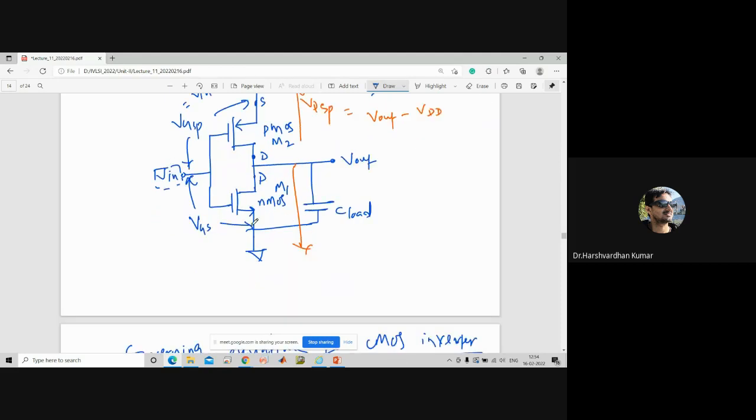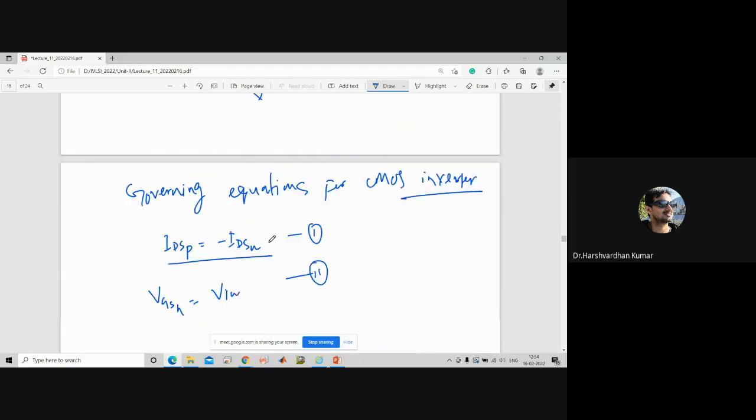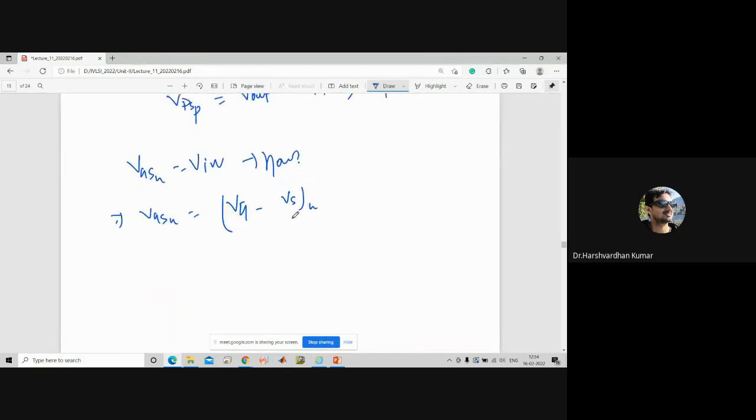The source terminal of the NMOS transistor is connected to ground. So what would be the potential for ground? The source voltage for the NMOS transistor is 0 because it is connected to ground. So VGSN is equal to the input voltage.